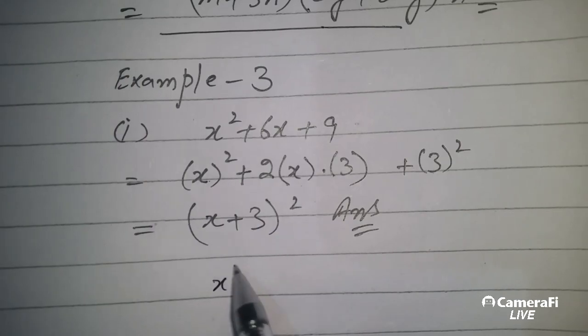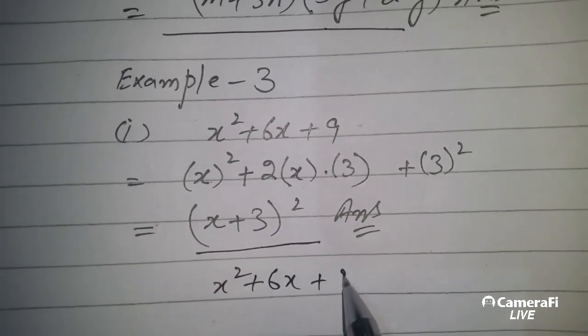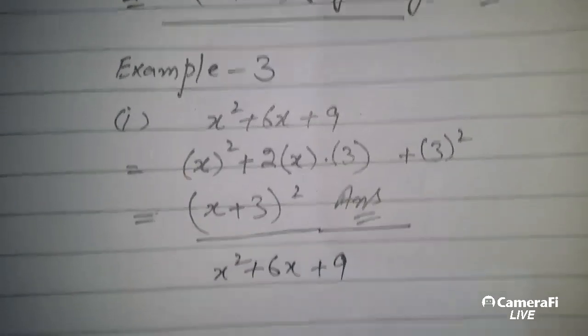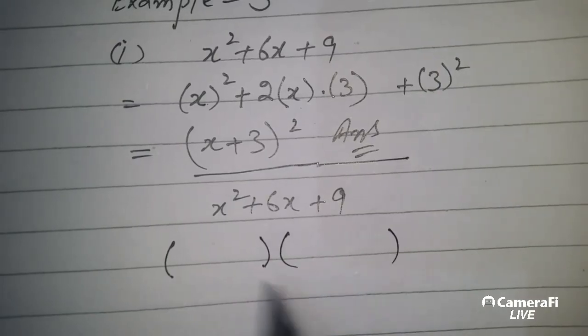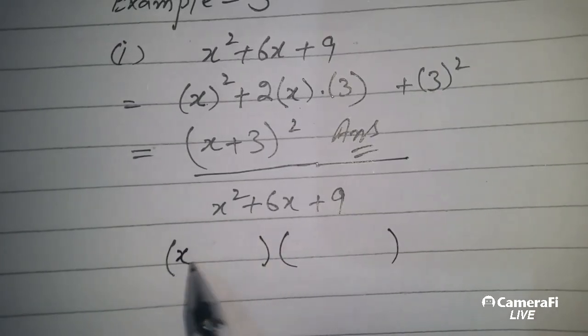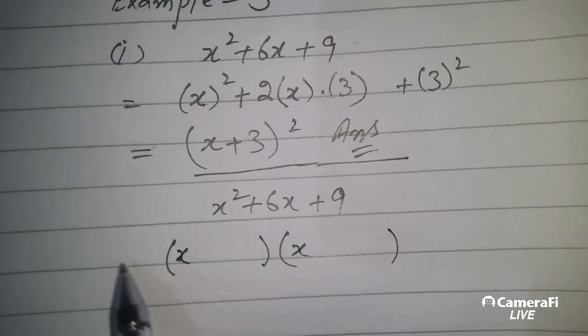For example, the question is over here, but if you want to make some factorization, you can also do that. For example, here we have x square. X square means 1x is put here, 1x is put here.